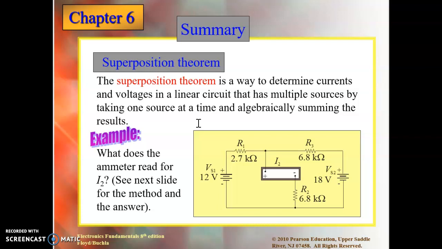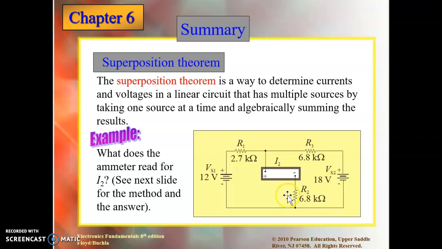But in essence, what superposition is, we have multiple sources as part of the circuit, and those sources are not in series. Therefore, we cannot simplify it like we did in our midterm. If these two sources were in series, then we can just add them up or subtract them, and then we have an equivalent source. But they are not. You see, they come here and then they are connected here, but there is something else connected here.